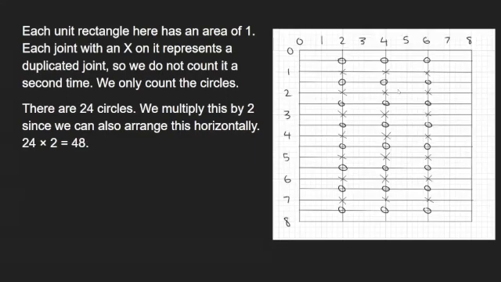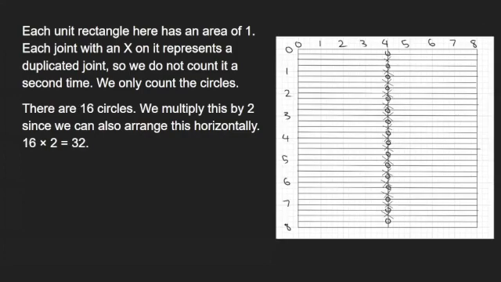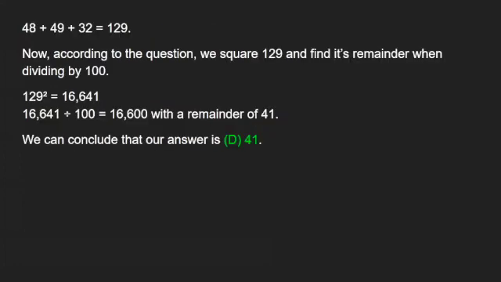And same goes for the previous slide, we can only have 2, 4, or 6, since the length has to be a multiple of 2. Here you can see there are 16 of these circles, and we multiply this by 2 because we can also arrange this sideways. So 16 times 2 equals 32.